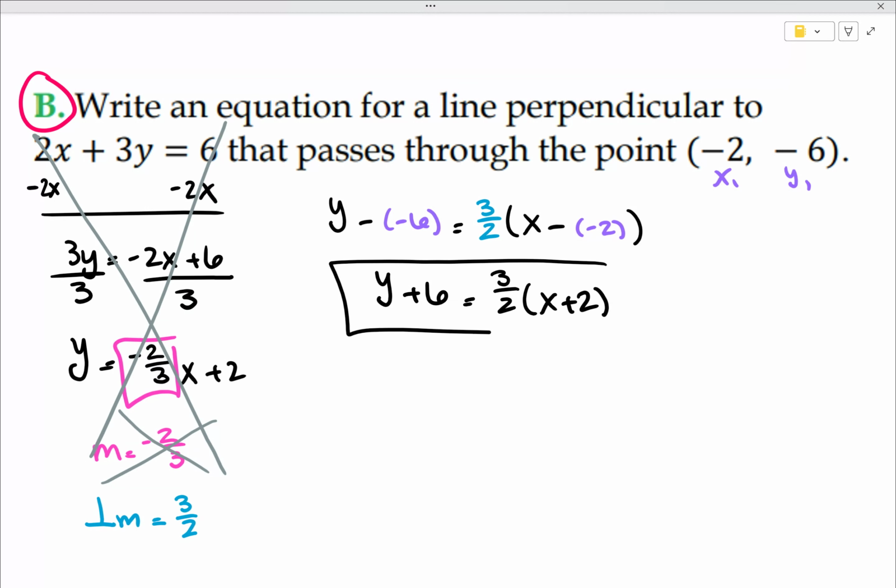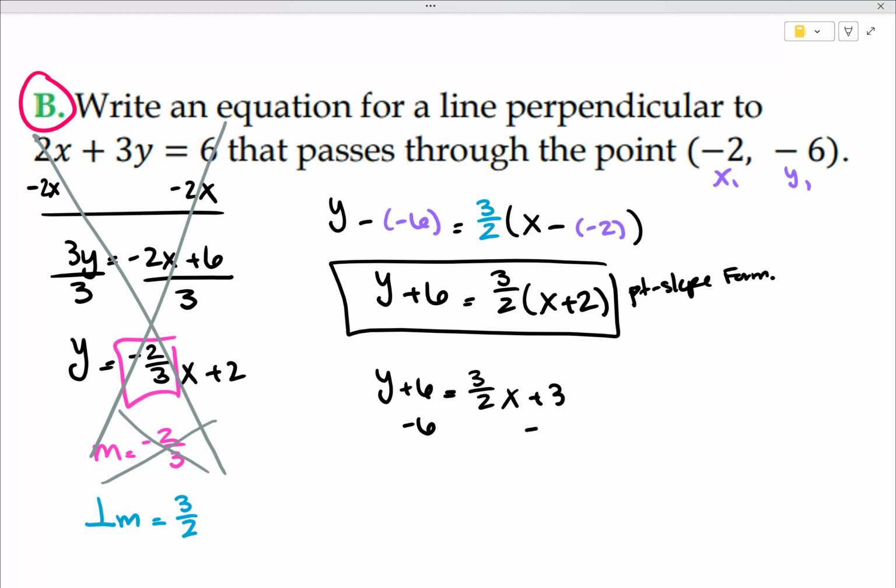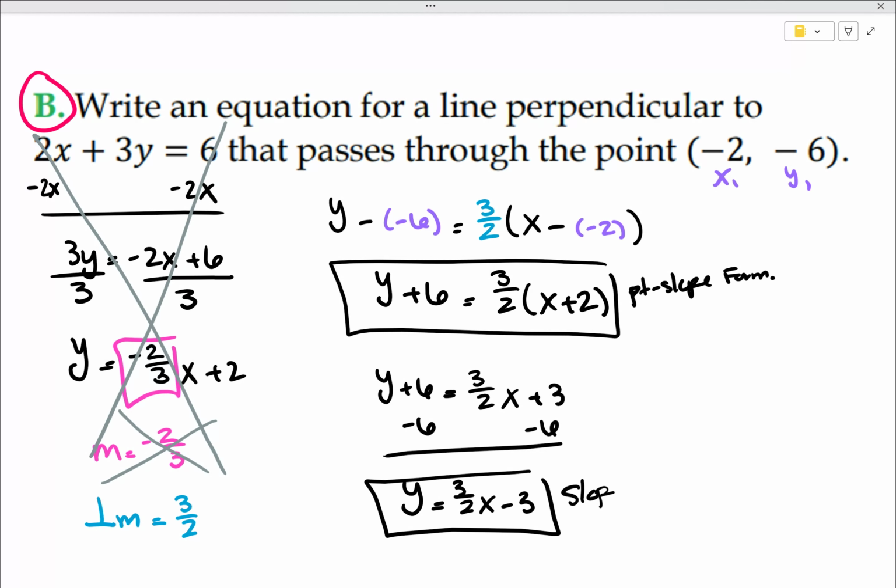And this would be our point slope form. Solving for y gets our slope-intercept form, so we're going to distribute our slope. Y plus 6 equals 3/2 x plus 3. Subtract your 6 on both sides, we end up with y equals 3/2 x minus 3 for slope-intercept.